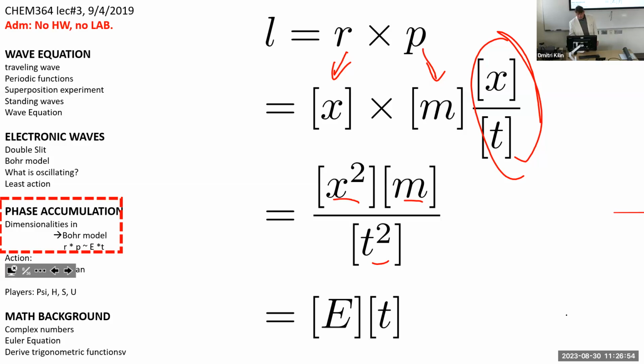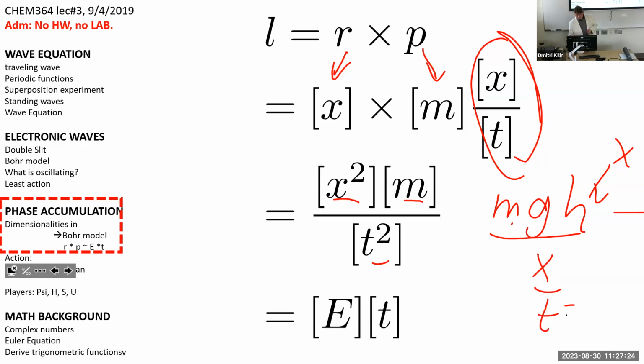If we process kinetic or potential energy, let's try gravitational energy of an object. So it is mass, this is just distance, and what is the dimensionality of the acceleration? So it is, right?